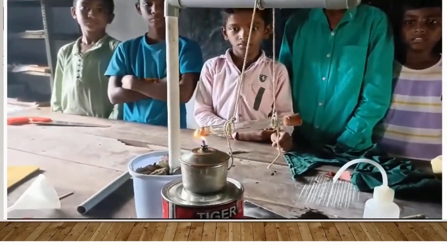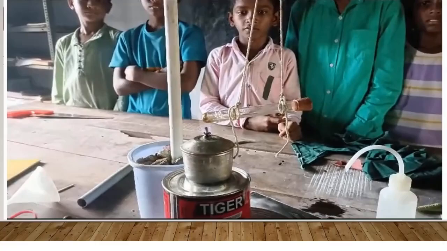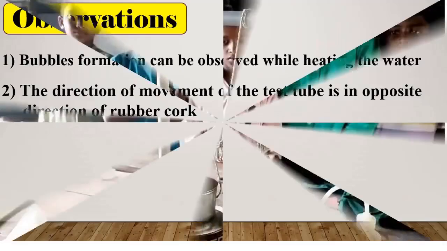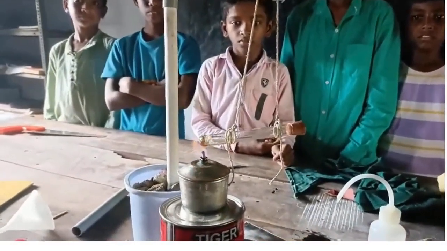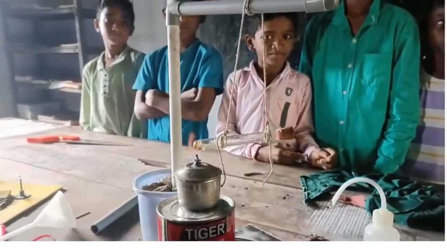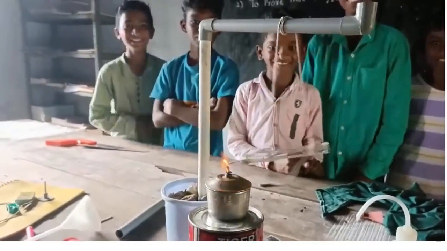Watch the video carefully. The direction of movement of the test tube is opposite to the direction of the rubber cork. After some time, the test tube moves in the direction opposite to the rubber cork.